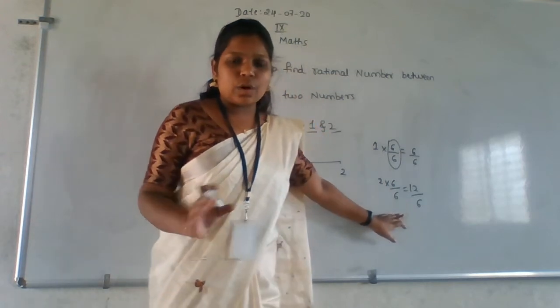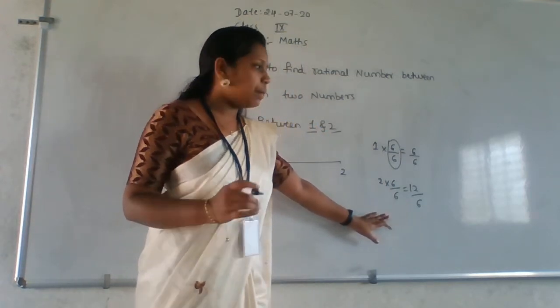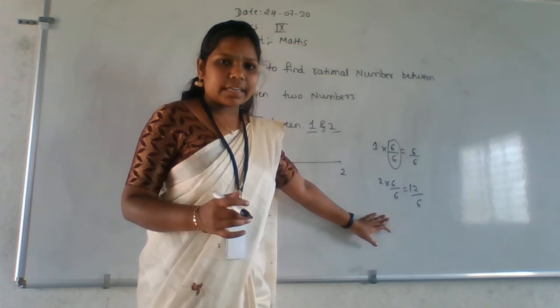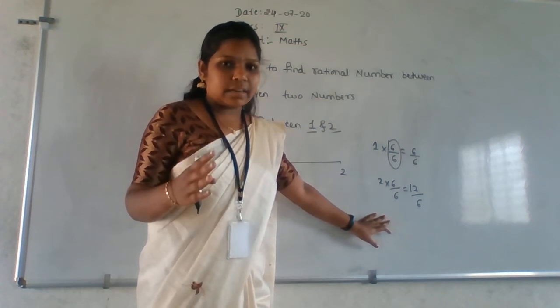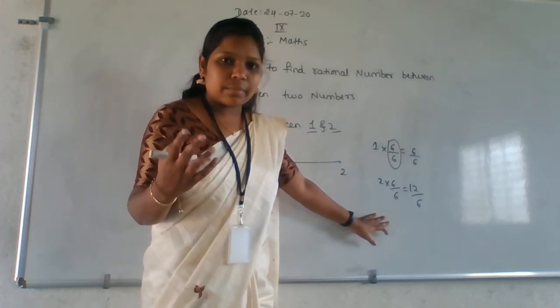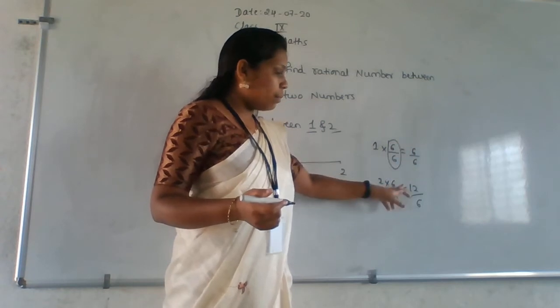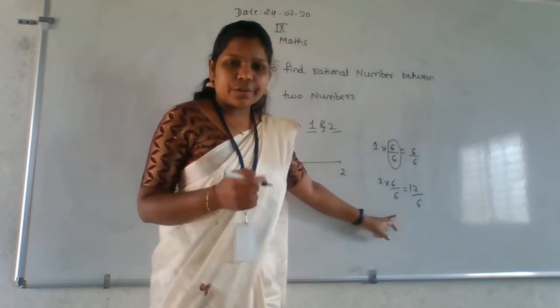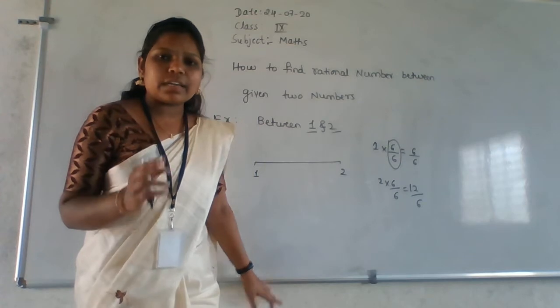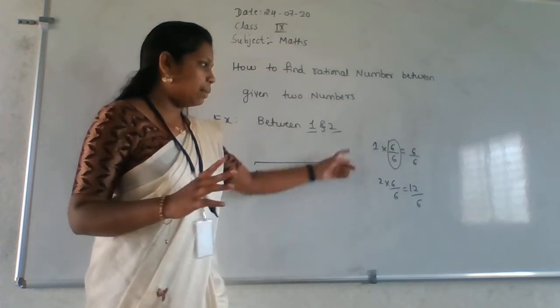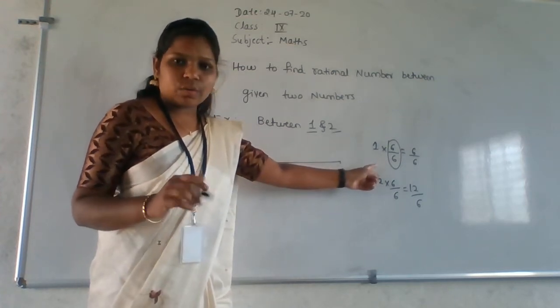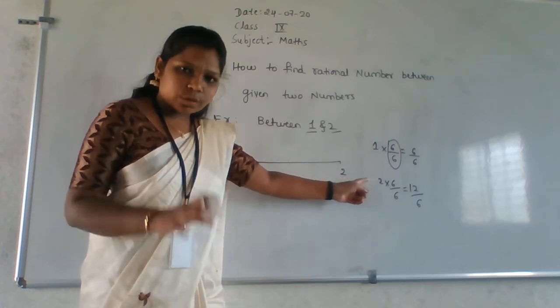Take any value, not only 6 by 6. Take some bigger values, otherwise you will not get more than 4 rational numbers. If you want more than 4 rational numbers, take some big numbers. If you take 2 or 3, you will get only 2 or 3 rational numbers between 1 and 2. That is the matter. It is also correct.